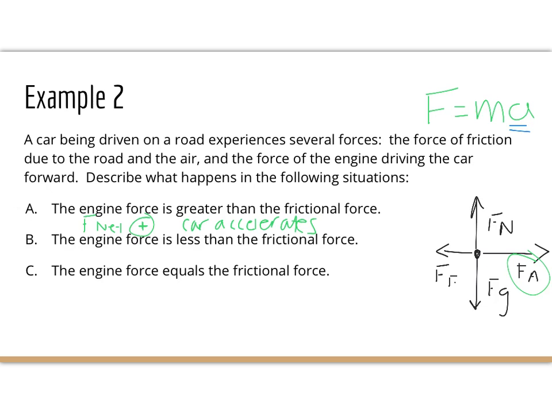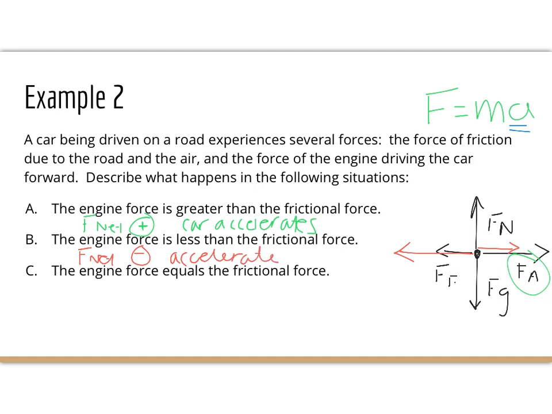If the engine force is less than the frictional force, so let's say F of A is very small and the friction force is large, what's going to happen? Well, technically, F net is negative, okay? So, because the force or the vector in the west or the left-hand direction is larger, it will actually accelerate. But in which direction?